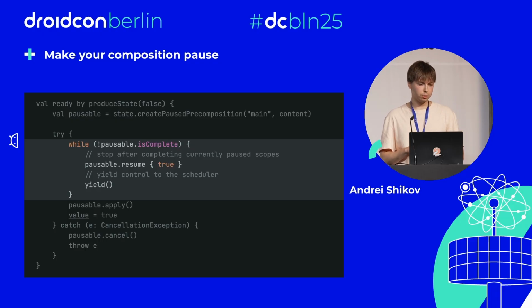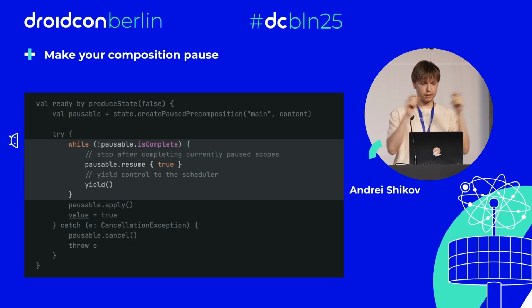In this case, I'm doing something a little bit stupid because it's the simplest way to do. I'm just skipping every time that we can. So whenever we encounter skipping or pausing points, I'm pausing the composition and then resuming it in the next iteration.